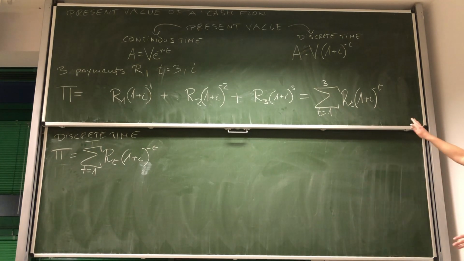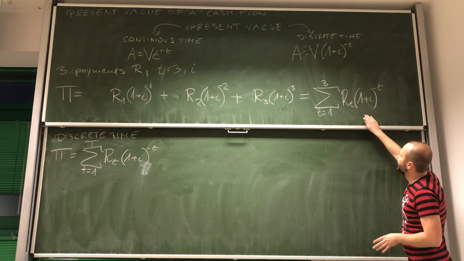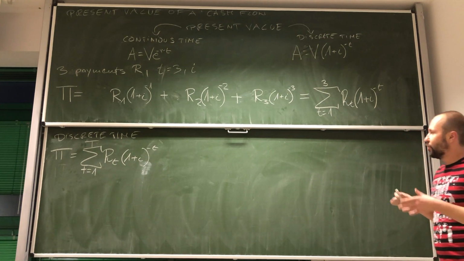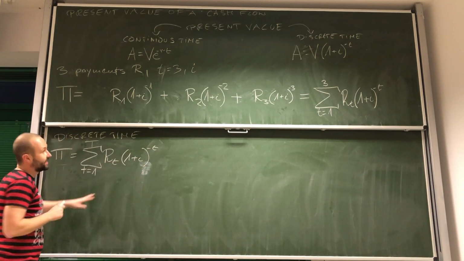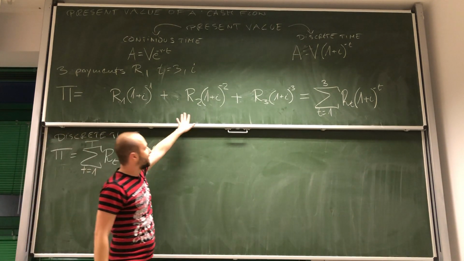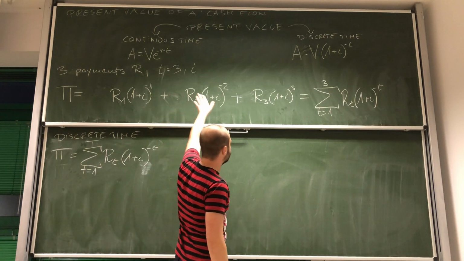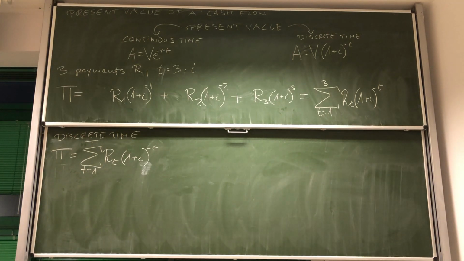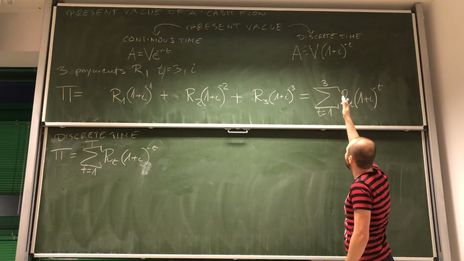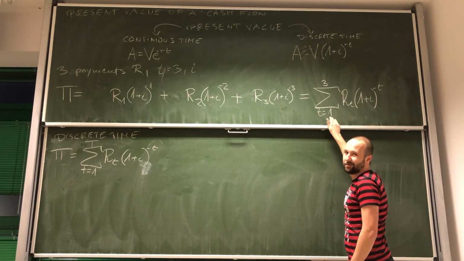Okay, let's start with this expression. Again, look, if I want to calculate a problem similar to this in continuous time, I need to change my assumptions a little bit. How? Well, first of all, this is a continuous payment, and because it's continuous payment, it's not going to start at year 1.